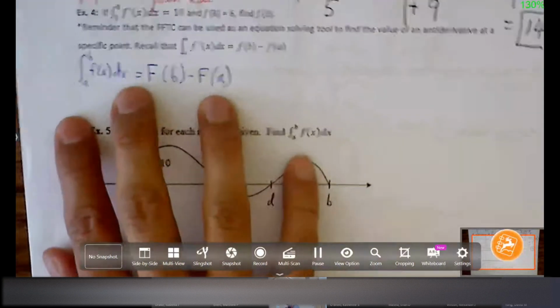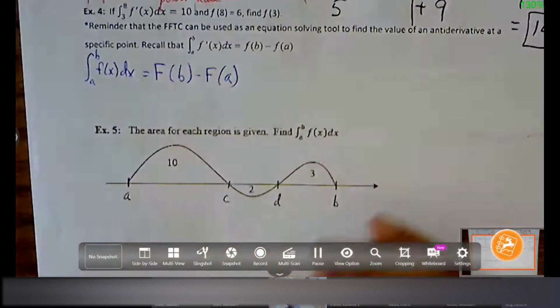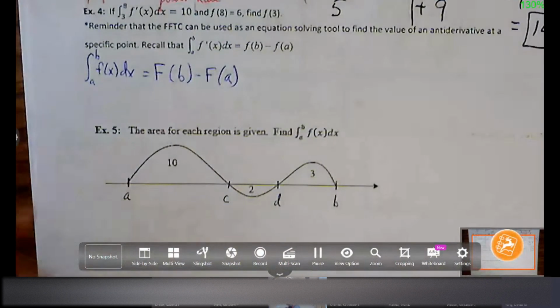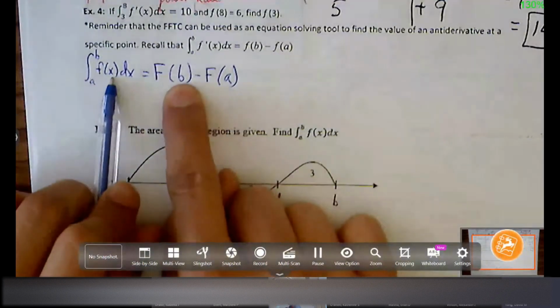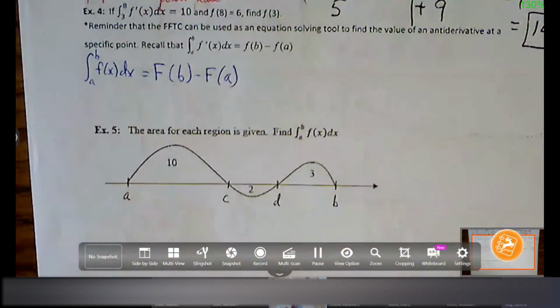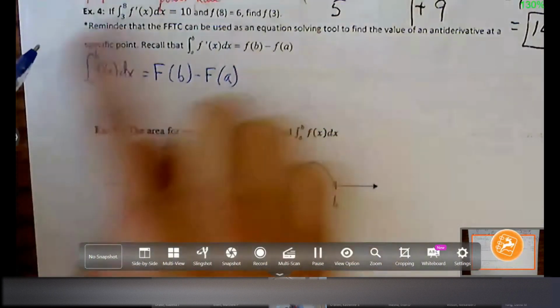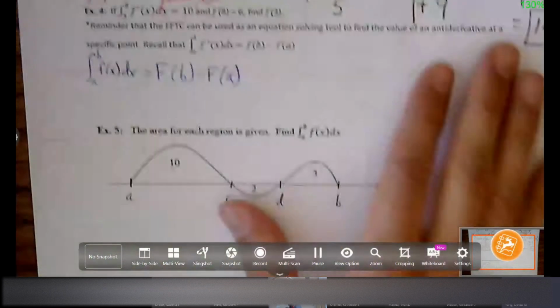So this is kind of like the general formula. But we can also develop this formula for a specific instance, right? As long as there's that relationship from a function to its antiderivative, we can have different variations of it. We can go from f prime to f. We can go from f double prime to f prime. They all fall under this theorem.